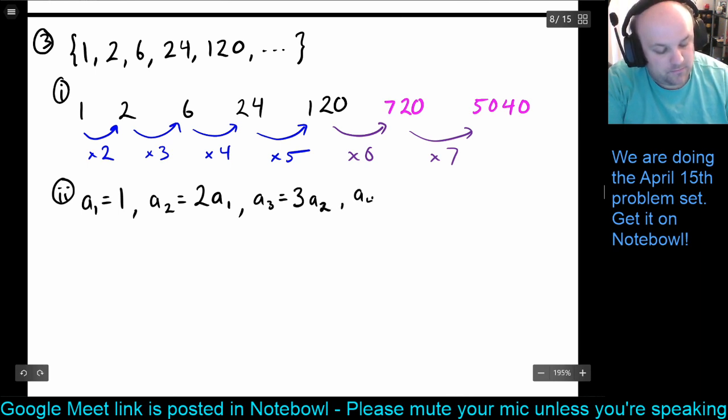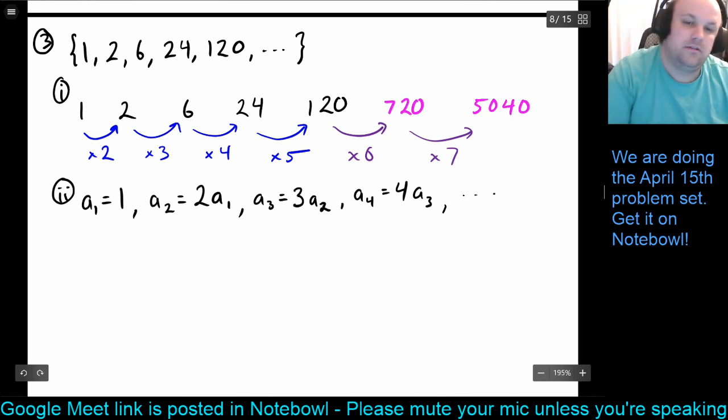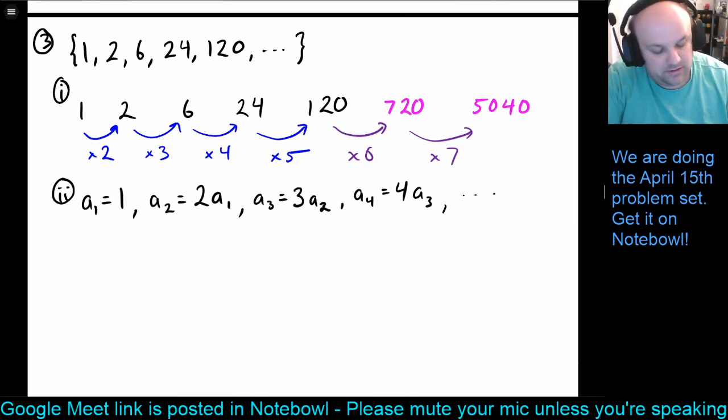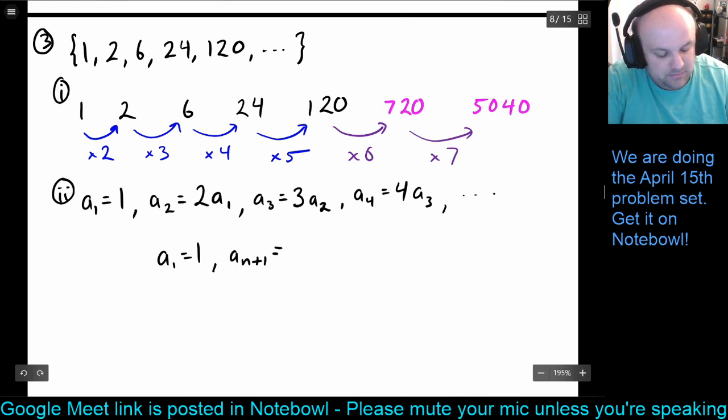A4, I took A3 and I multiplied that by 4. And so on. Right? So then, for a recurrence relation here, what would it make sense for an plus 1 to be?